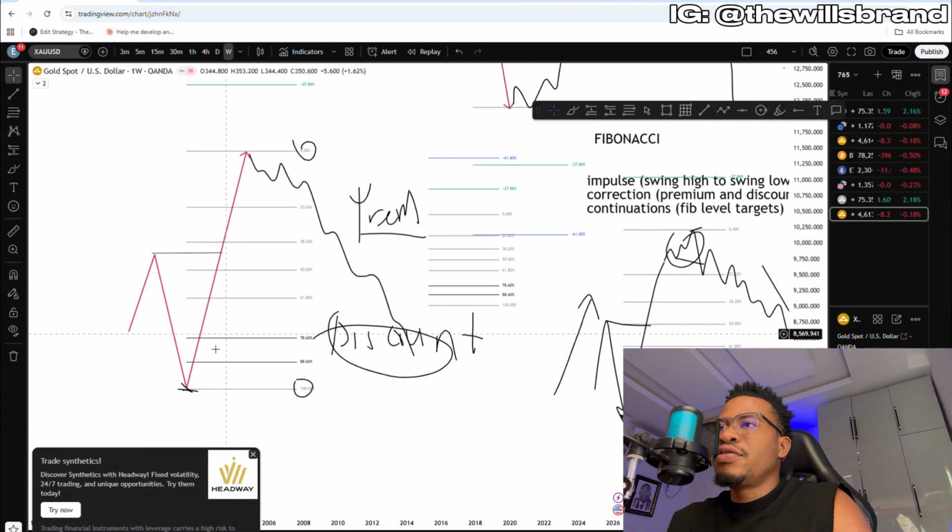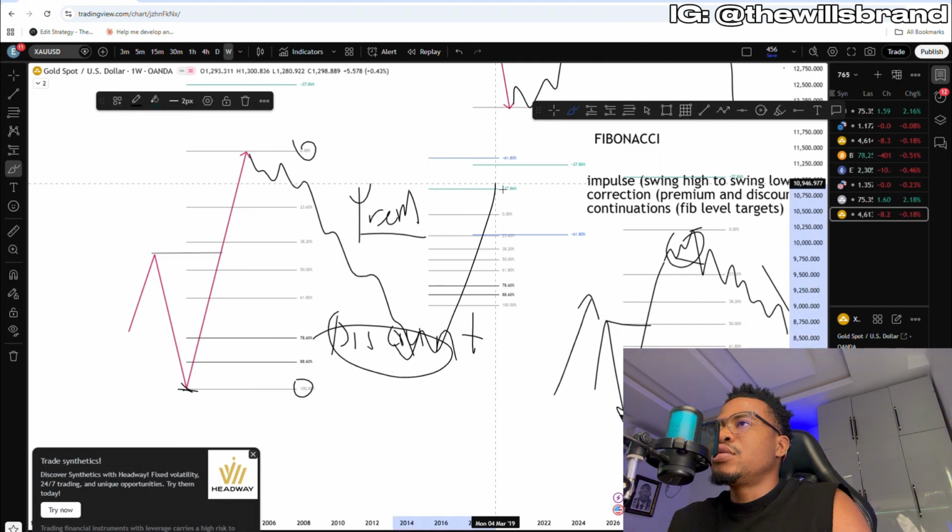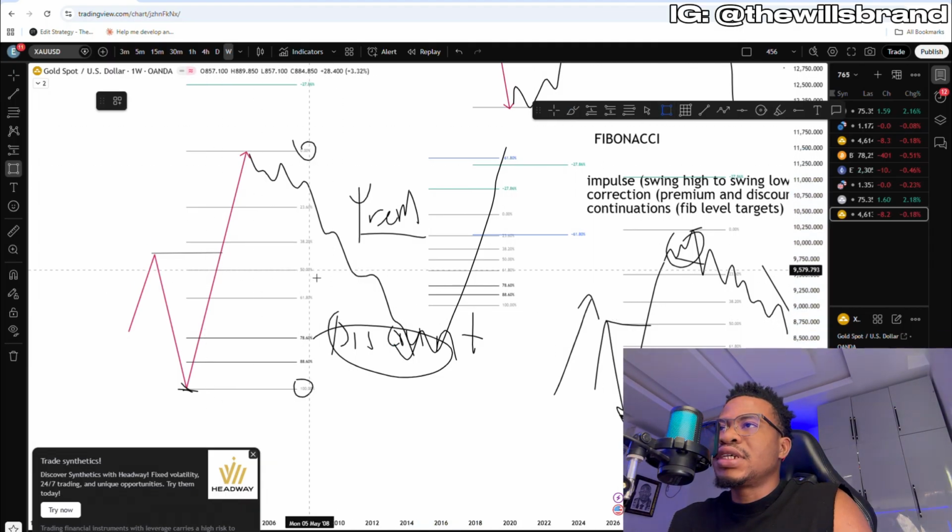So if you want to mark your key level that you want price to come to before you start looking for confirmations to continue the buying, your key level has to be below this 50% level, which means it can be around this 61.8, it can be around 78.6, it can be around 88.6, which is the extreme level. Are you getting it now? So it can be around this 88.6, any of these levels. So as long as the key level is within this discount zone for the case of a bullish structure, it is very, very valid.